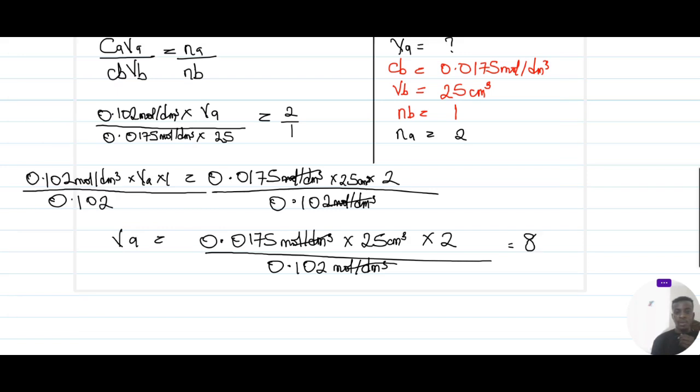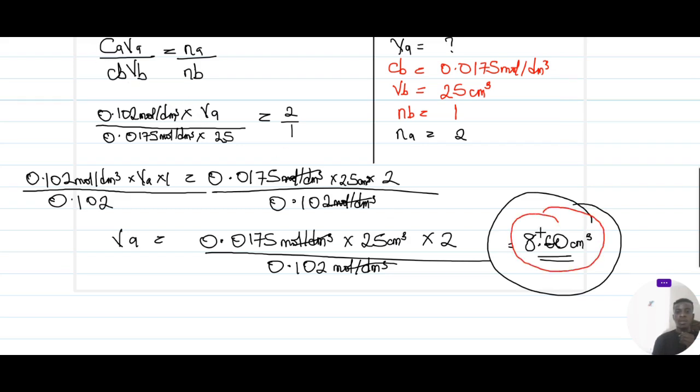So your endpoint should be 8.60 cm cube. That is from the calculation. So when you want to do your titration, your endpoint should fall within this range. Take note of this, because from the stoichiometric calculation and relationship, it tells you that the average volume of acid needed to neutralize 25 cm cube of the base is 8.60.